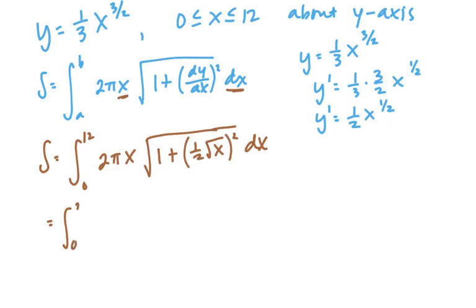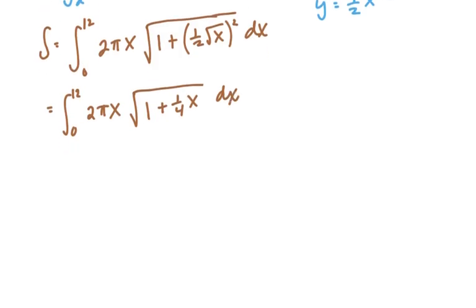So we have 0 to 12, 2 pi x, and we have the radical 1 plus 1/2 times 1/2 is 1/4, and here we have x dx. Now we've learned that common denominators are often helpful, so let's try common denominators.